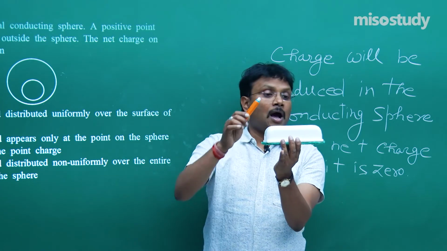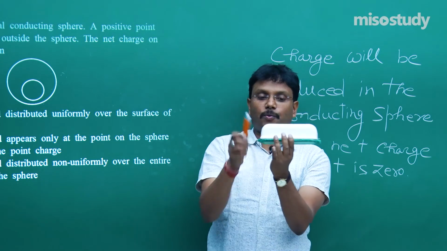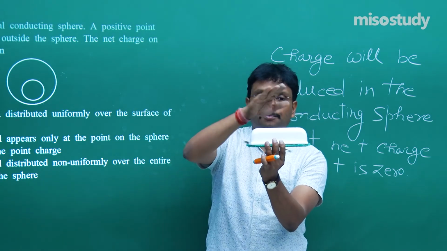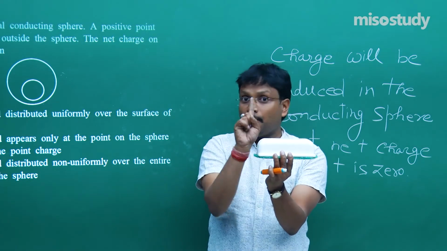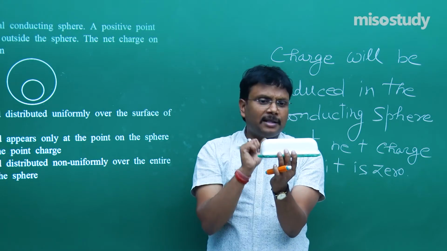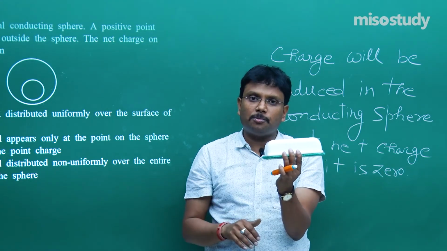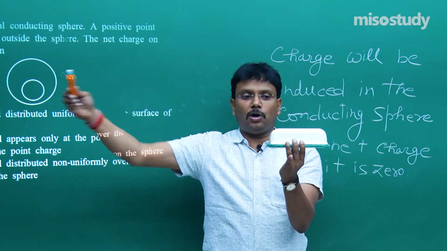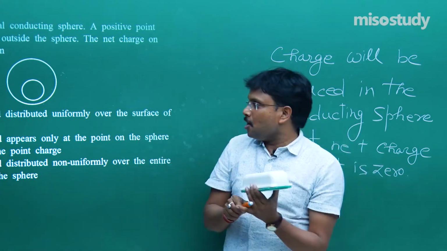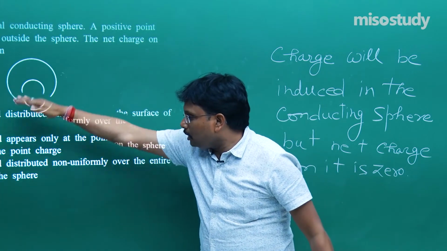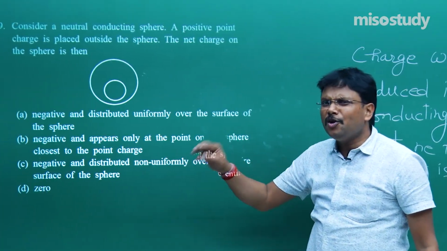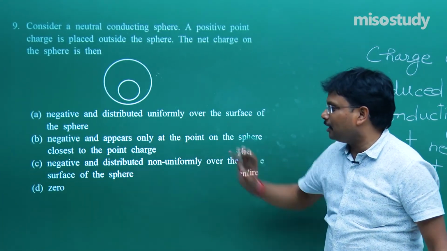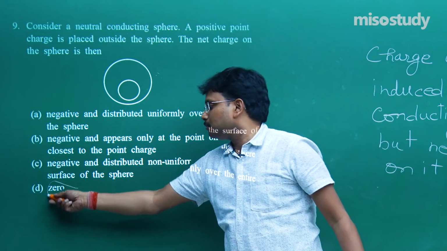Positive charges this way, negative, positive, accumulation. But is it like that some charge has been added to this object? No, not at all, because the moment I remove this chalk holder, it is again going to be neutral. So all these options you need not even read others, simply say.